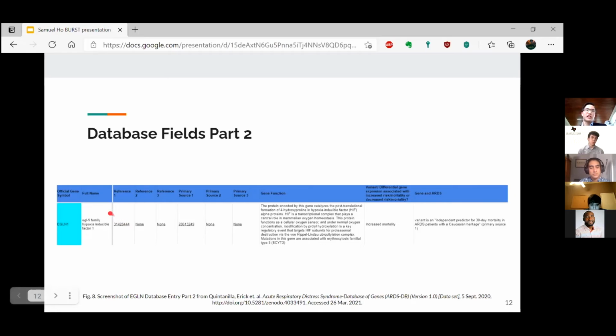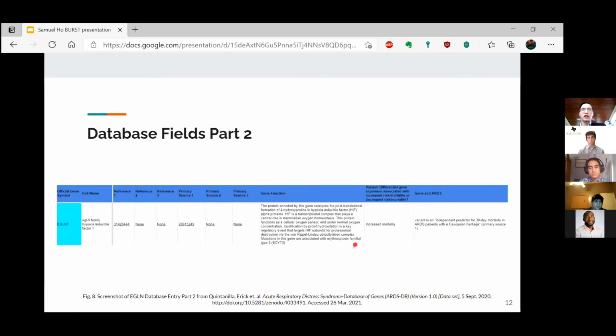This PubMed ID would take you to the link that I showed in the first stage of finding the relevant genes. The primary sources referred more specifically to the relevant cited papers that the review paper might have cited to provide us additional information with regards to the specific link between the gene and its relation to ARDS.